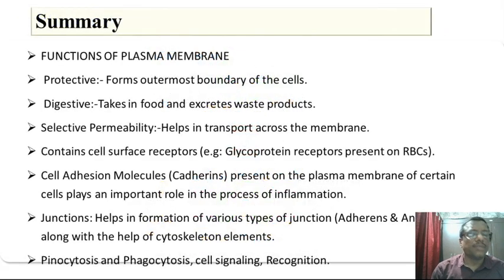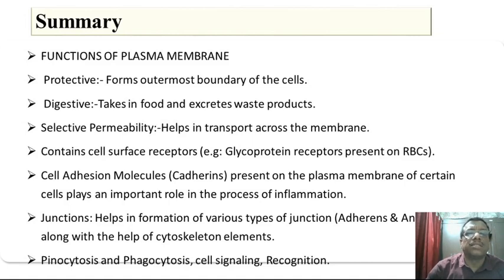In a nutshell, the plasma membrane acts as a protective outermost boundary of the cells. It performs the function of absorption, and it also functions as an excretory organ.